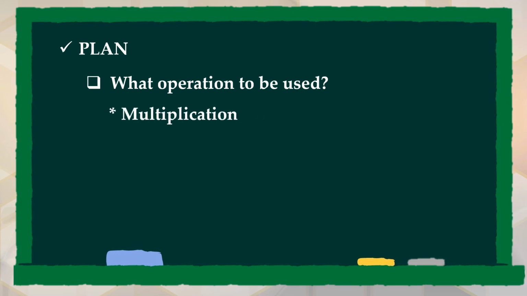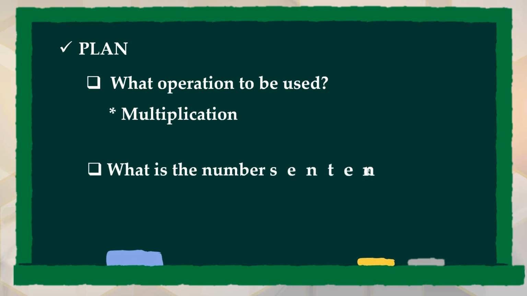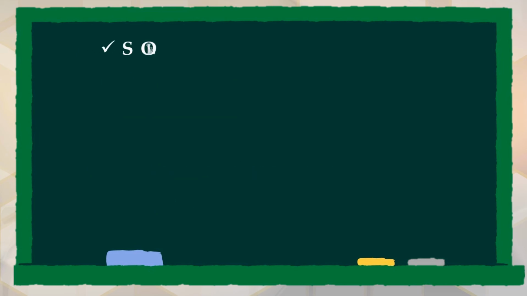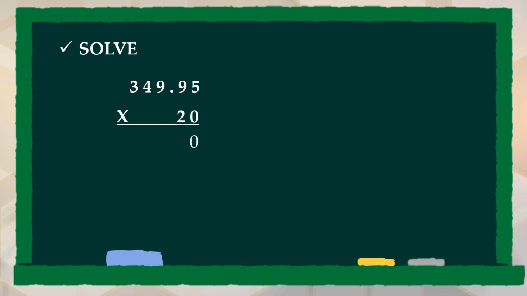If you know the operation to be used, you can now create the number sentence. So the number sentence is 349 pesos and 95 centavos times 20 is equal to n. You are now ready to solve the problem. 349 pesos and 95 centavos times 20. Any number multiplied by 0 is equal to 0. So let us continue multiplying. 2 times 5 equals 10.